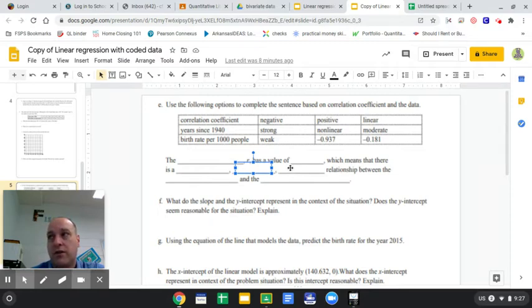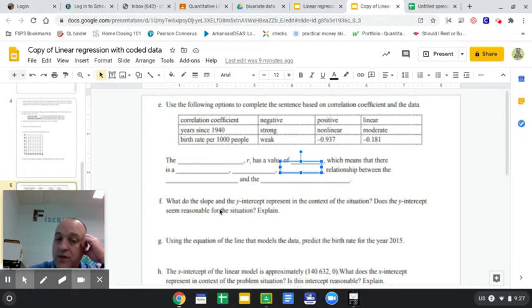This one goes downhill. Strong negative linear relationship between the birth rate per 1,000 people and the years since 1940. That's what it was.